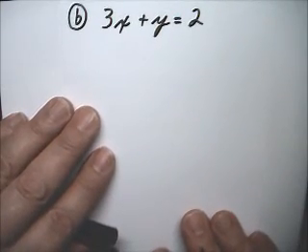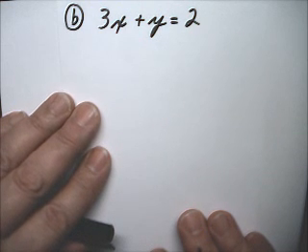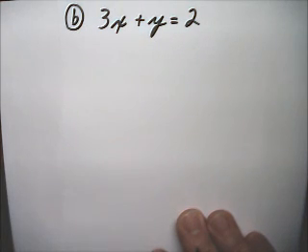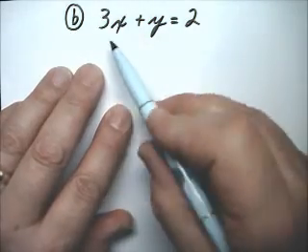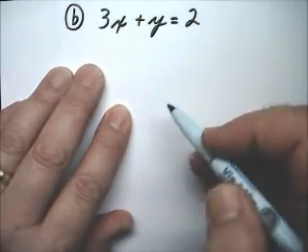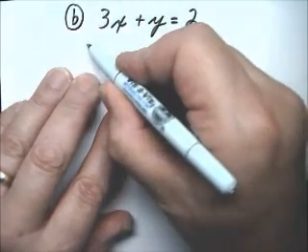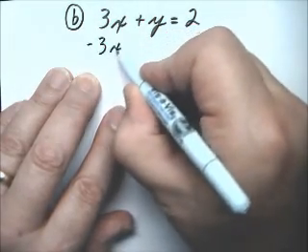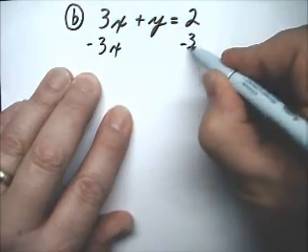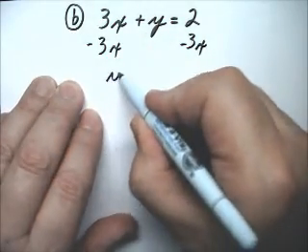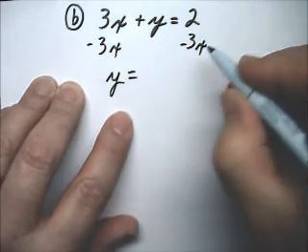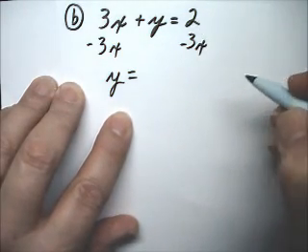Example B, this is an equation, and it's not in slope-intercept form. Slope-intercept form is y equals mx plus b, so I'll subtract 3x from both sides of this equation. So on this side they add up to 0, and I'm left with y equals, now here, negative 3x plus 2.